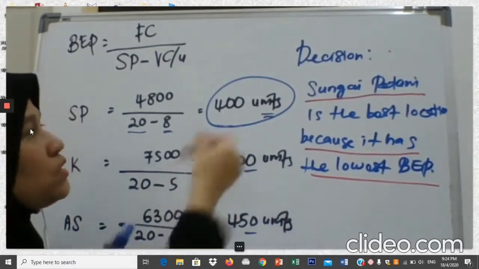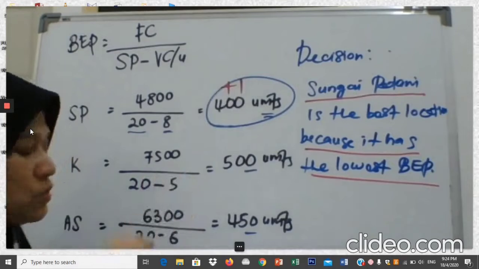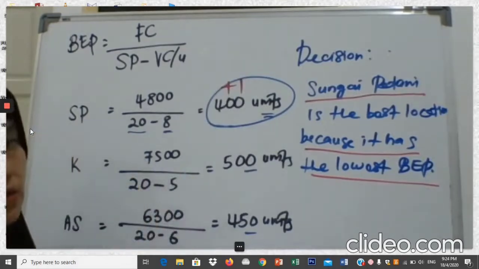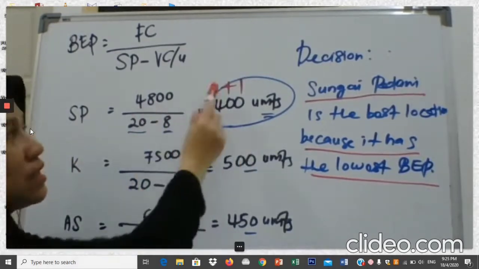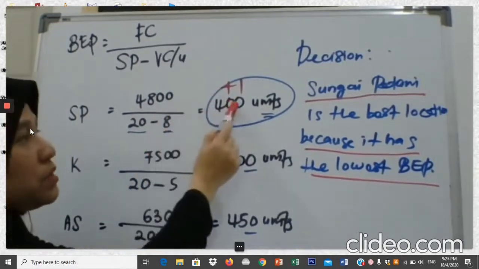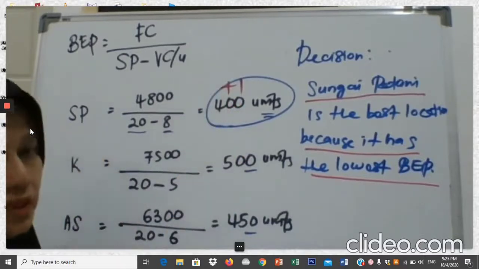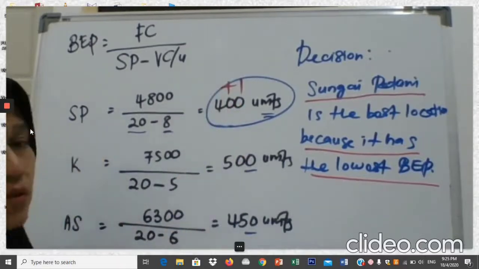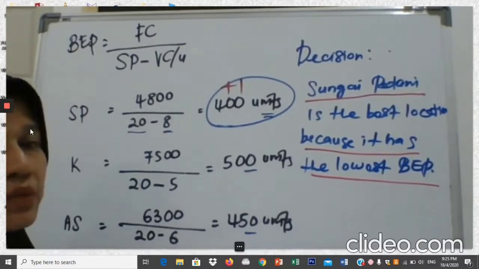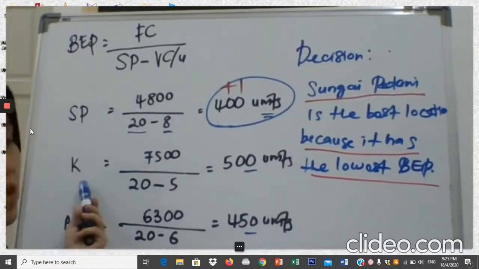When there is 1 unit extra produced at this location. So this company will start making profit when it produces 401 units, if the company chooses Sungai Petani. And we look at the other two locations. The question is, when will the company start making profit if Kulim is selected?